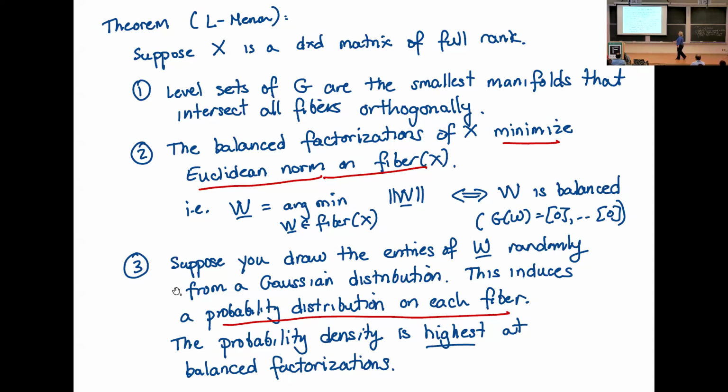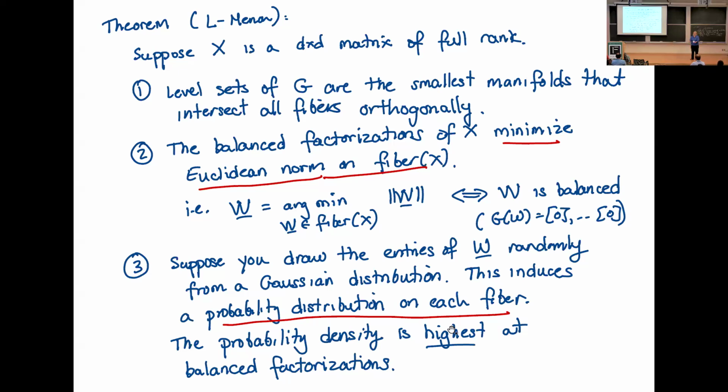Changing our viewpoint, let's think probabilistically. Let's say we have a particular matrix and we want to factor it. Suppose we draw entries of matrices from some Gaussian distribution, IID. This induces a probability distribution on each fiber.